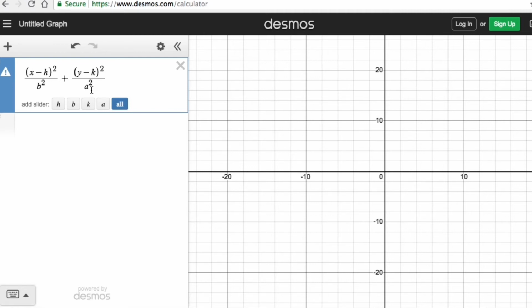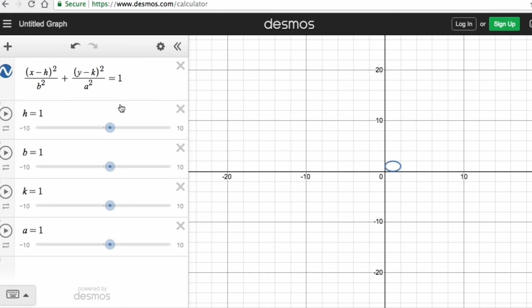So in this equation that we have right here, since our a is always greater than b, we can therefore say that the major axis for this standard equation is the vertical axis, since a is under the y variable up here. So we can go ahead and equal this to 1, and we add all the sliders h, b, k, and a.